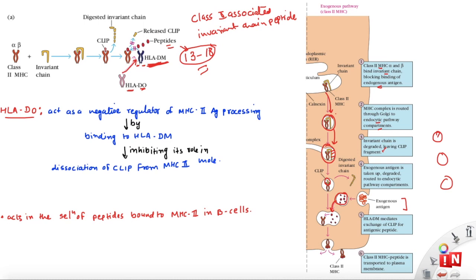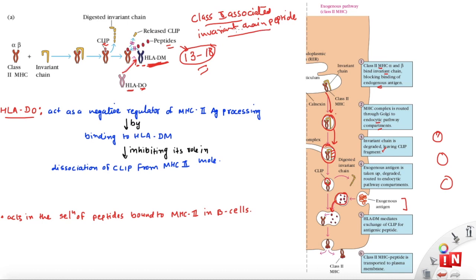And if HLA-DM is not present, it cannot help the peptide to replace the CLIP. So in short, binding of the peptide to MHC class 2 involves a replacement of the part of the invariant chain that is left behind, that is clipped, the class 2 associated invariant chain peptide.